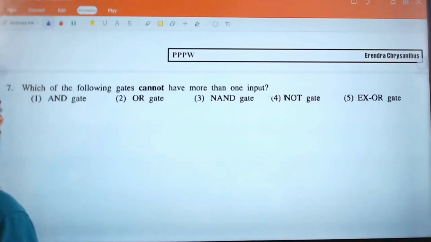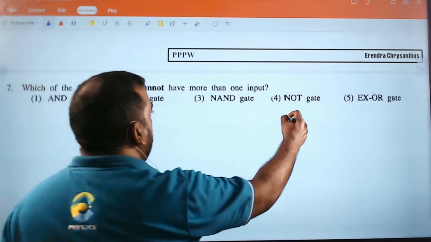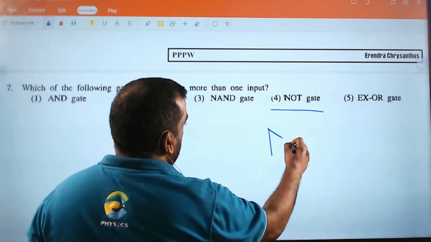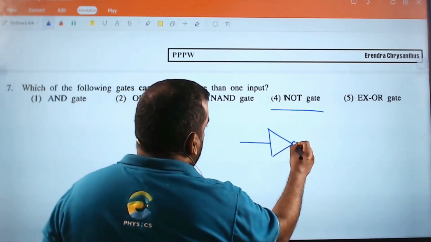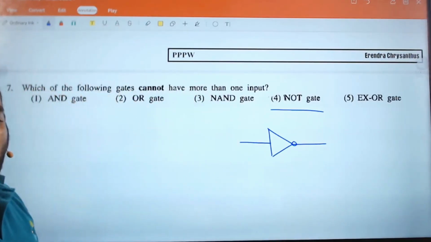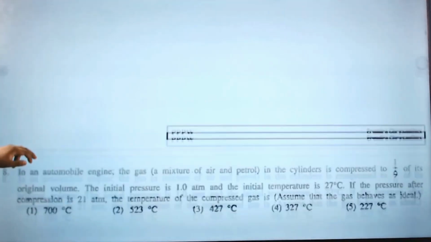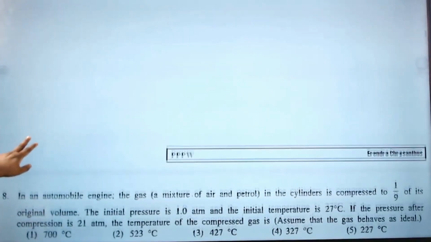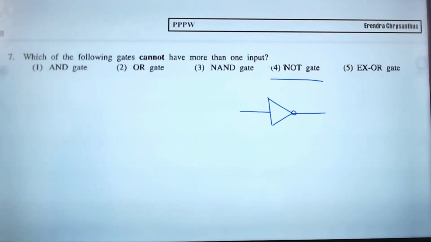Which of the following gates cannot have more than one input? A NOT gate can't have more than one input. We take a NOT gate, one input is there. So the 7th one, answer 4.